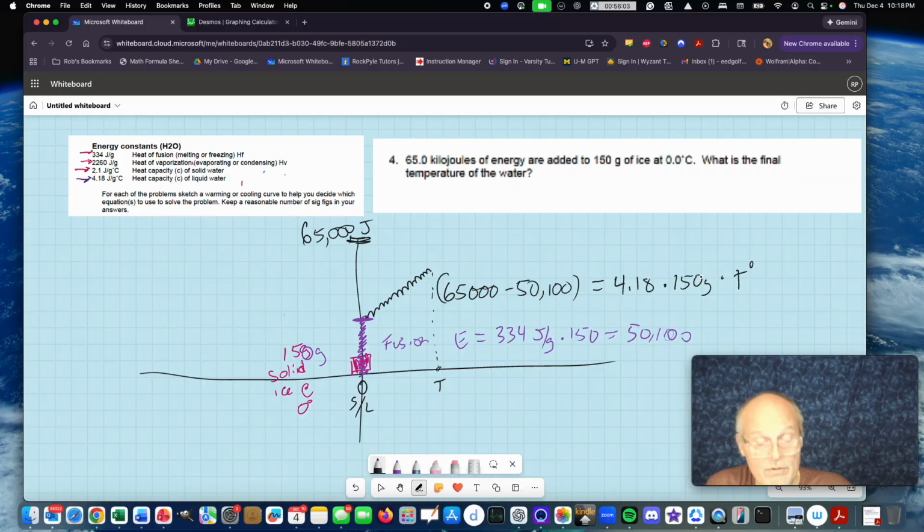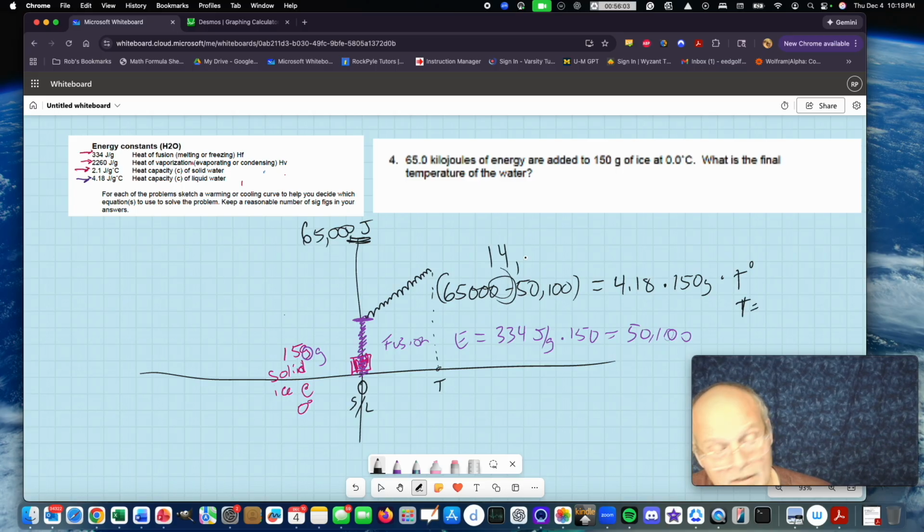So what I'm going to do is I'm going to have 65,000 minus 50,100. So this ends up being T equals this, which is 14,900 divided by this. So 14,900 over 4.18 times 150, 627.